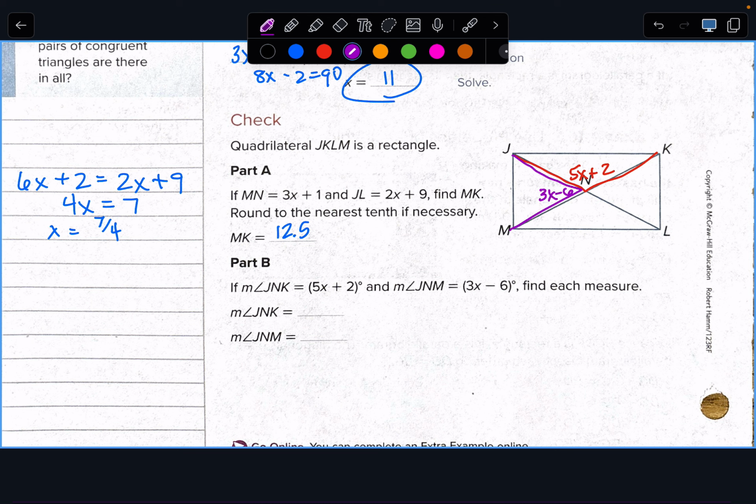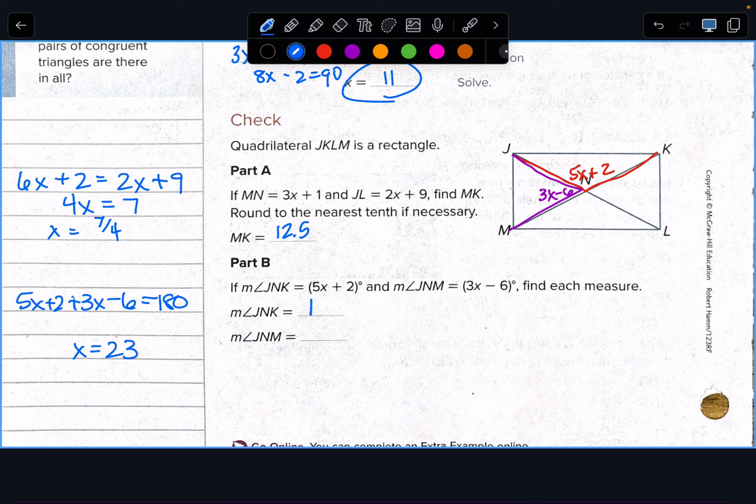What do you need to do with the 2 angles in part B? Add them together. I don't know, 180. Okay, they are supplementary. So you need to have x equals 23? Yeah. Okay. Which means J and K is what? 115.